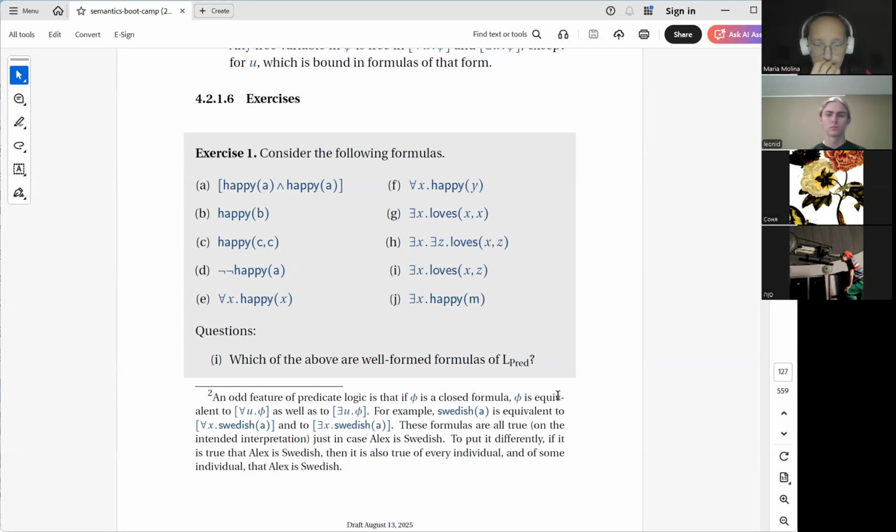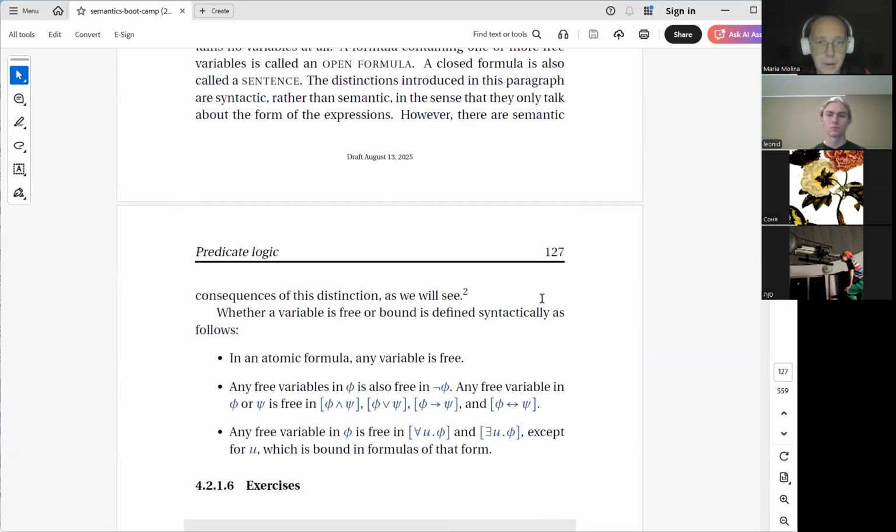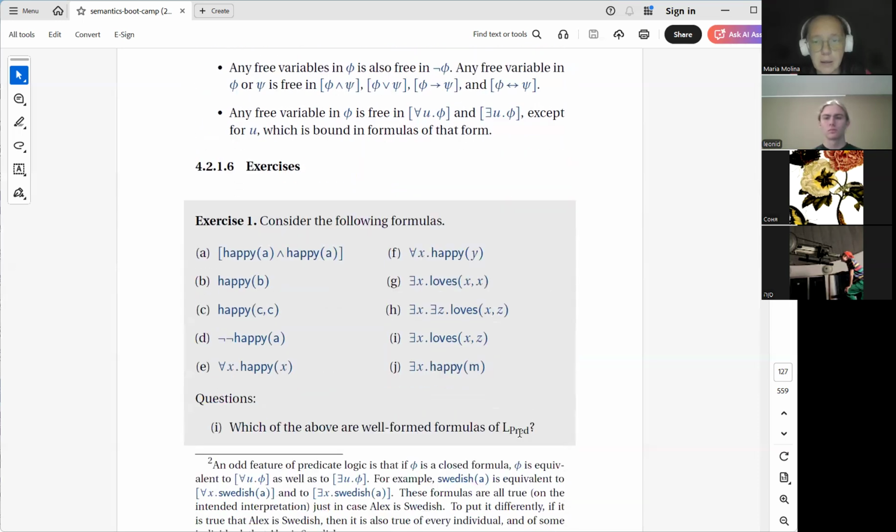Sorry, could you scroll up to the definition, please? Which definitions? Of L-pred, predicate logic. So which of these are well-formed formulas in predicate logic? Okay.